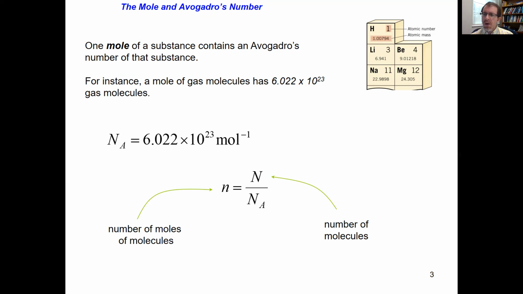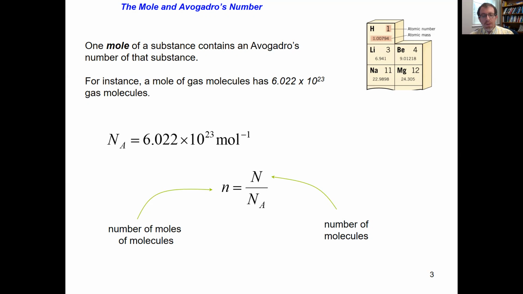So for instance, if I had 36 eggs, then instead of calling it 36 eggs, I might say it's 3 dozen eggs.